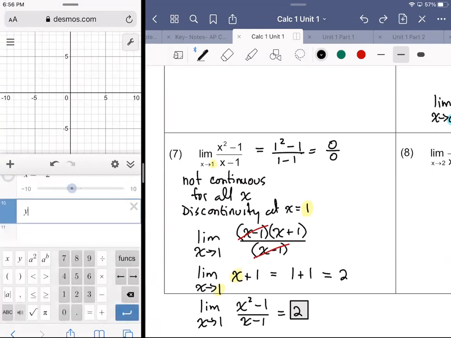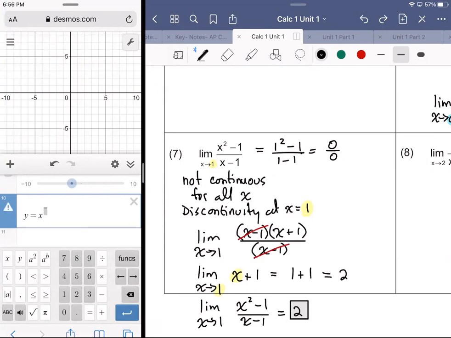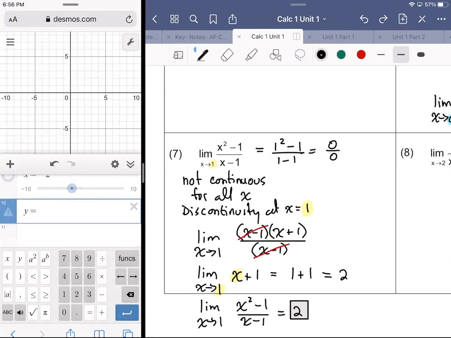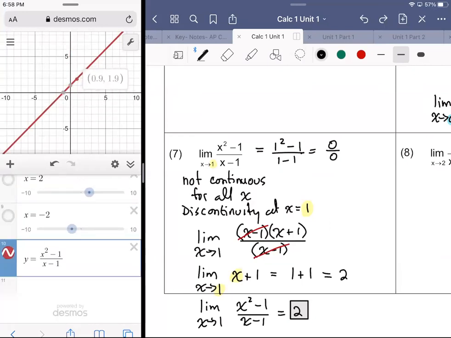So you have y equals x squared, I got to put the fraction in, x squared minus 1 over x minus 1. All right. Now, there's a hole in this graph at the x value of 1. Right there. It says undefined.